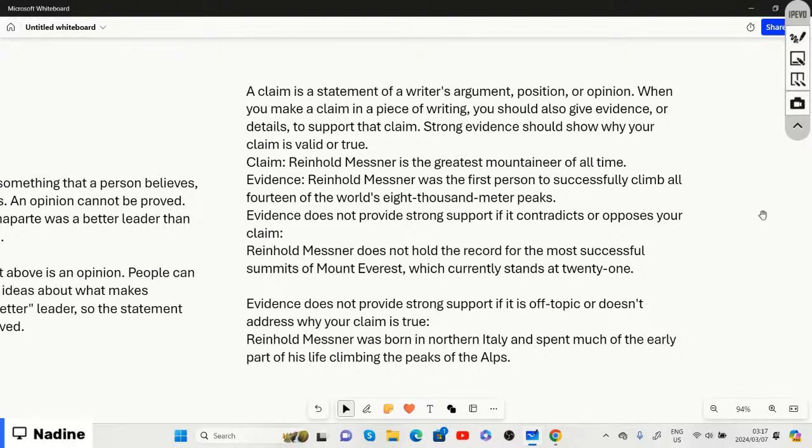So now, with Reinhold Messner is the greatest mountaineer of all time, we have evidence, and the evidence says Reinhold Messner was the first person to successfully climb all 14 of the world's 8,000 meter peaks.